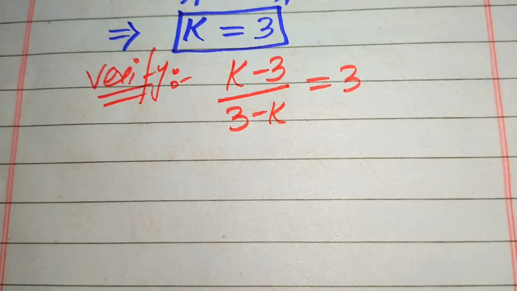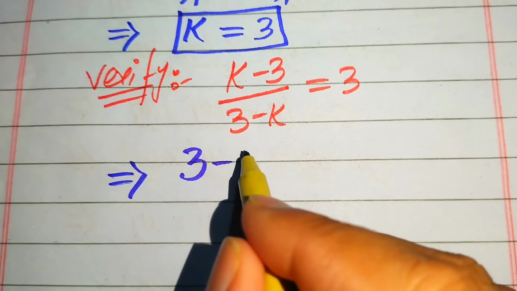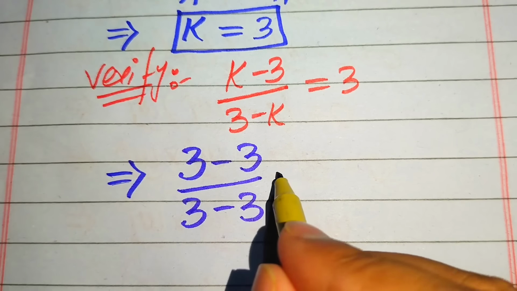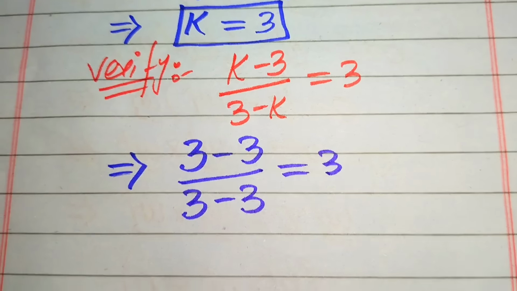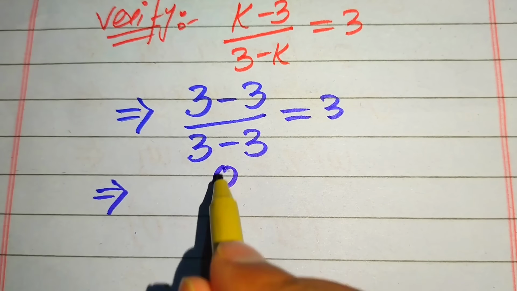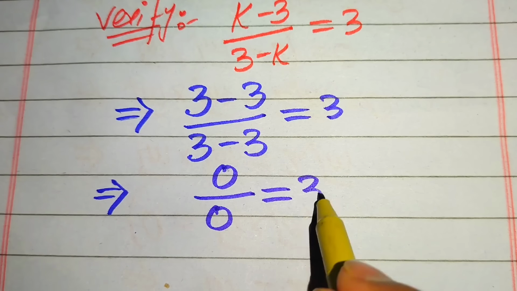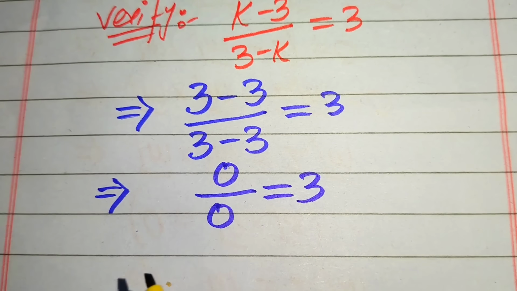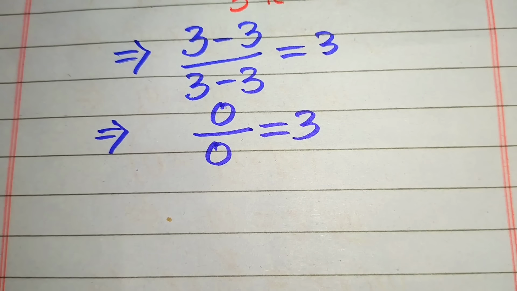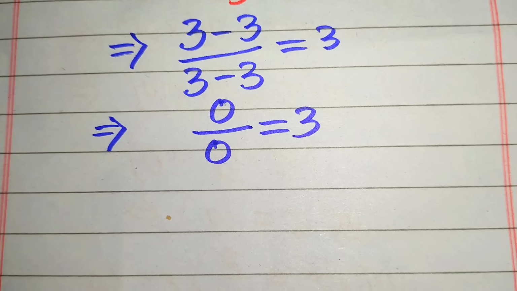We put k = 3 into the left hand side, and this becomes (3 − 3) divided by (3 − 3) equals 3. So 3 − 3 becomes 0 over 3 − 3 becomes 0, so 0 over 0 equals 3.